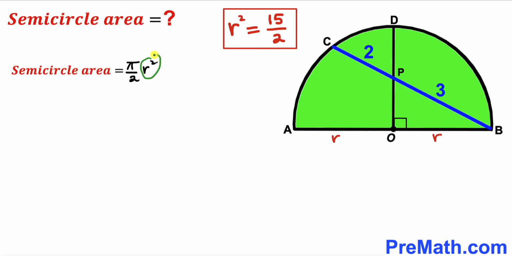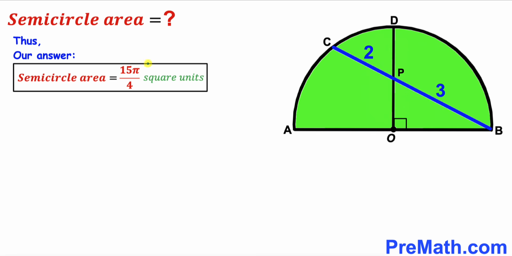We know r squared is 15 divided by 2, so I replace it, giving pi divided by 2 times 15 divided by 2. Simplifying further, that gives us 15 pi divided by 4 square units, the area of this green shaded semicircle.